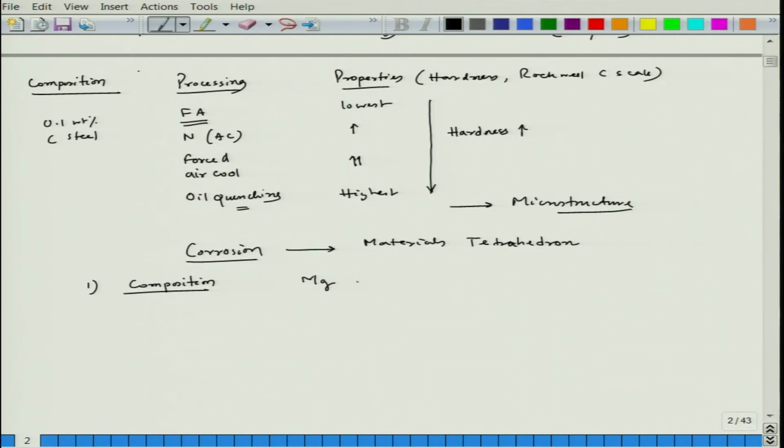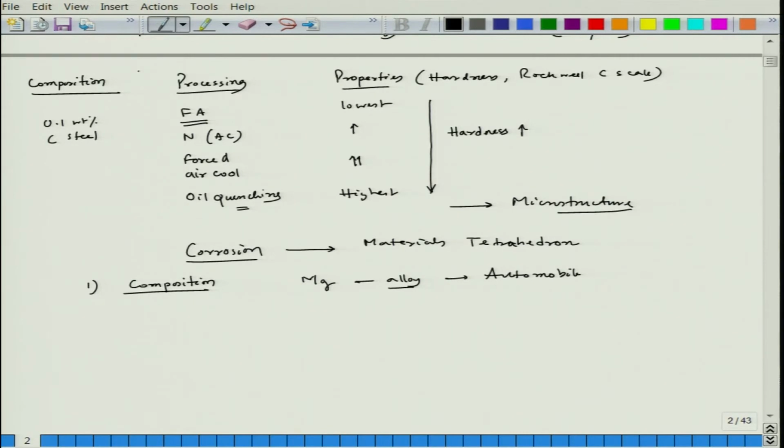So, magnesium alloy can be used in automobiles because they have a very low density. That means the strength to weight ratio can be very exciting in order to reduce the total weight of the car body, and that would definitely increase the fuel efficiency.